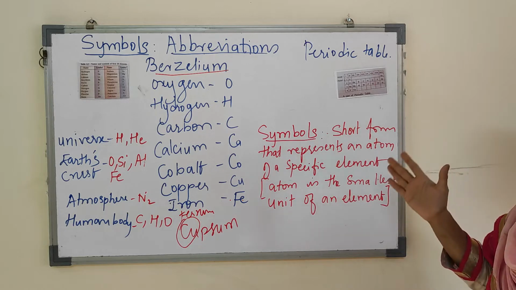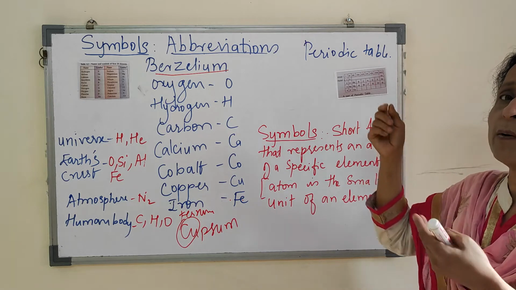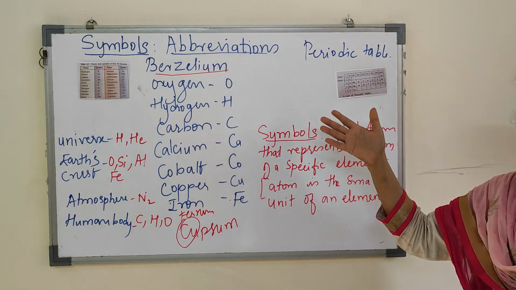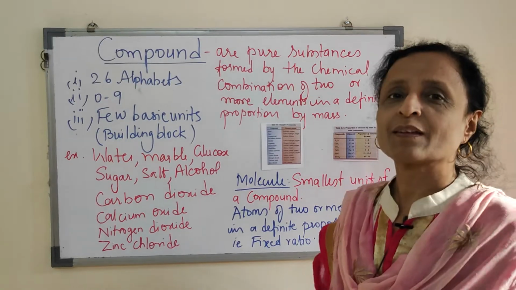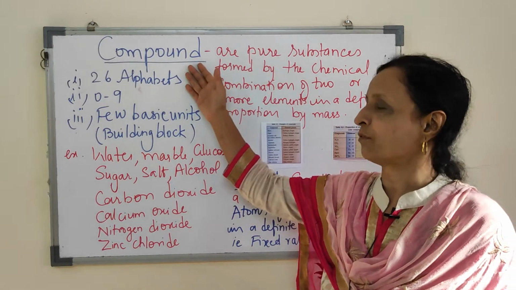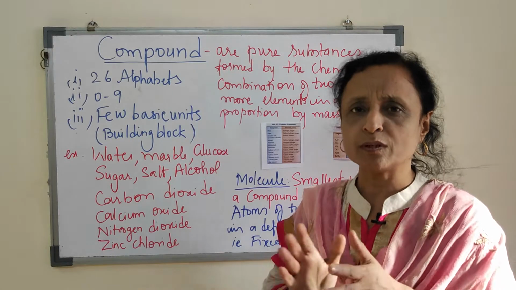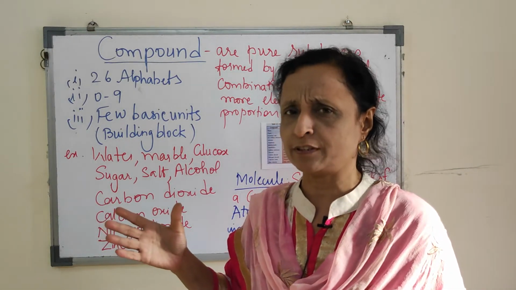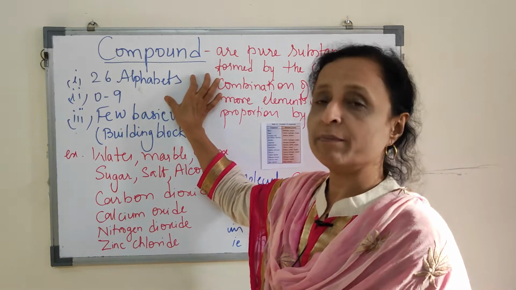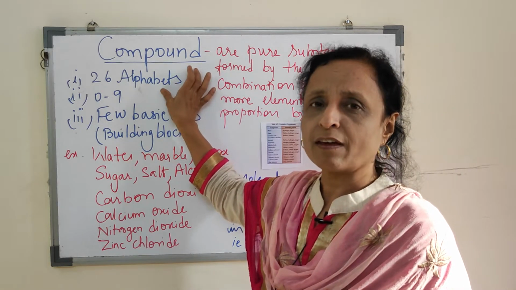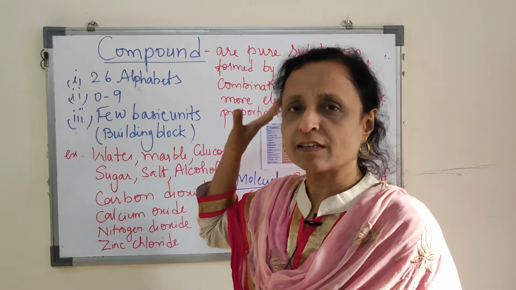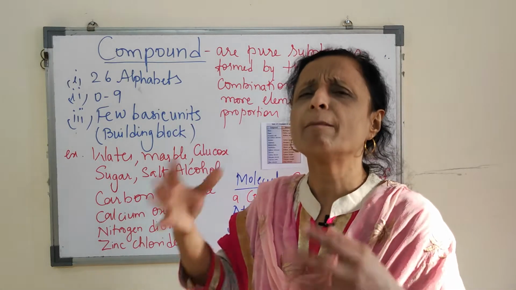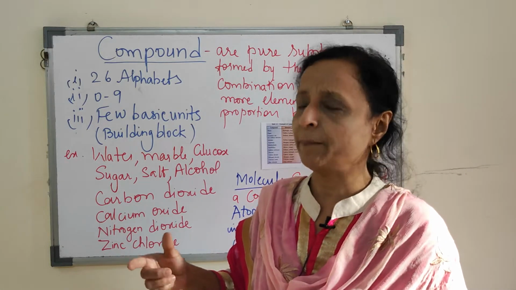So now next we'll see how compounds are formed. Now how are compounds formed? As you form many words from the alphabets, A, B, C, you form number of words from these alphabets. So same way, the number of elements is fixed, you form number of compounds from those elements.